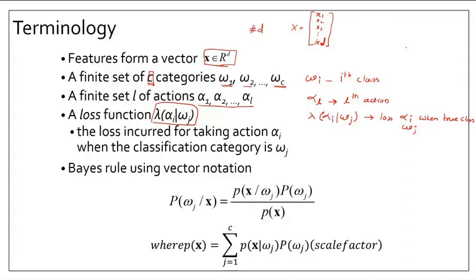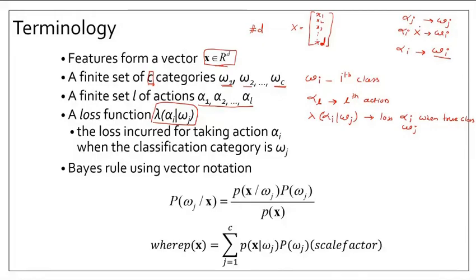This is used to avoid symbol confusion. So alpha i basically relates to decision omega i. If for a given input x I take the decision omega i, then I say I have taken action alpha i. So if I take action alpha j, that means I have taken the decision in favor of omega j.